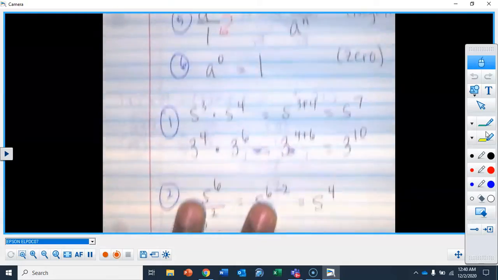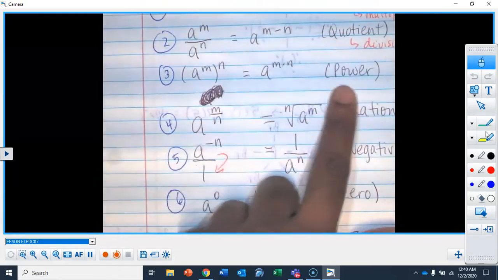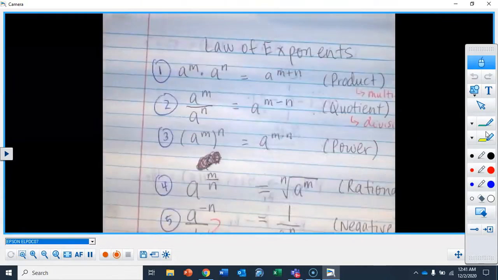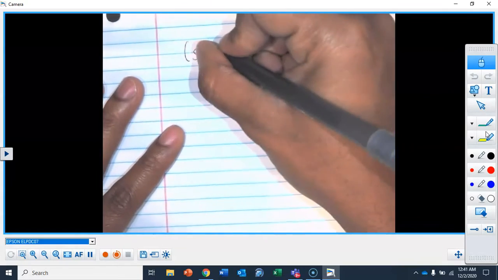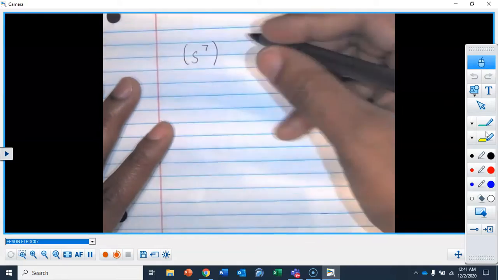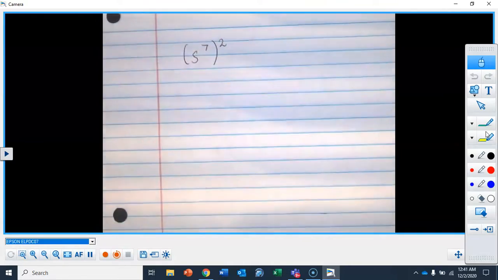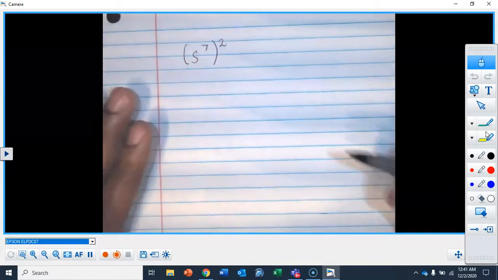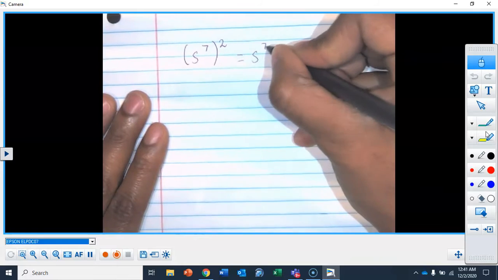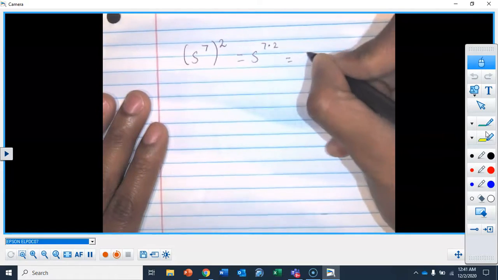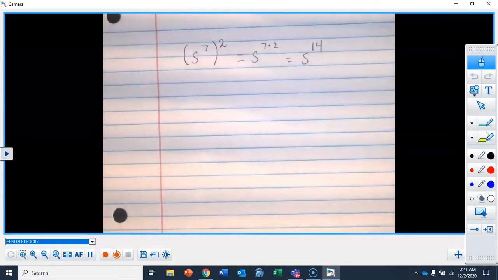Okay, let's look at law number 3, which is the power of powers. So what happens if I have s raised to the 7th power, and then it's being raised again to the 2nd power? So you're going to do what? Multiply. So you're going to say s to the 7 times 2 is s to the 14th power.